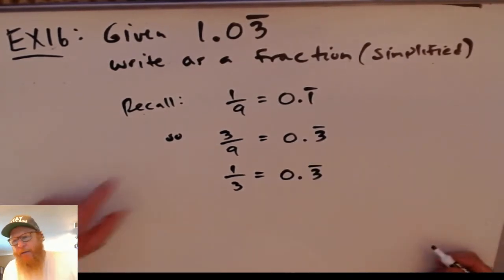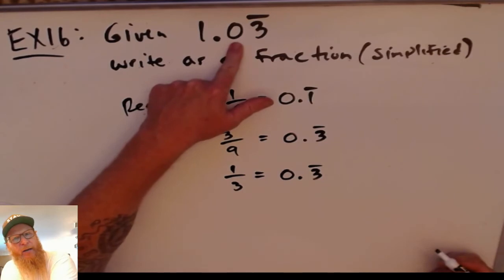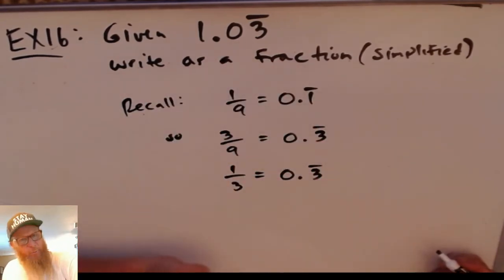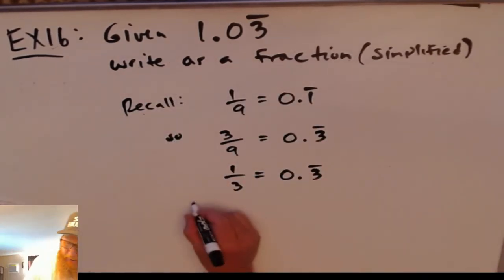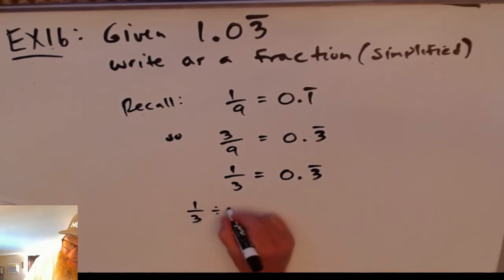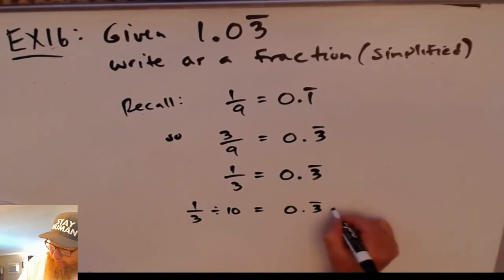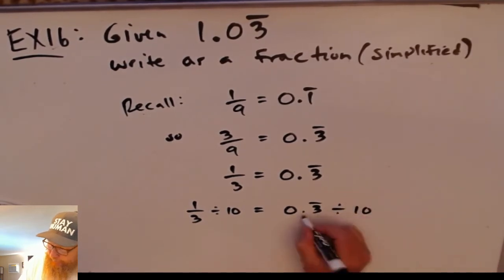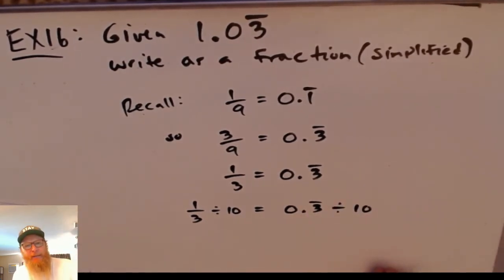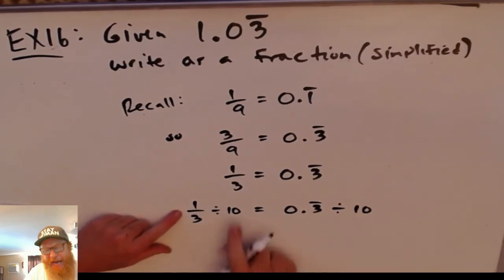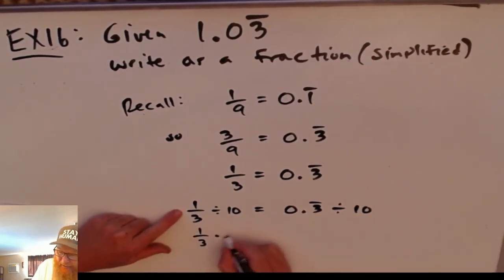Okay. But we want to put a 0 here, which means we want to move the decimal one place. So we're going to divide this by 10. And then remember, to divide by 10 is the same as to multiply by 1/10.